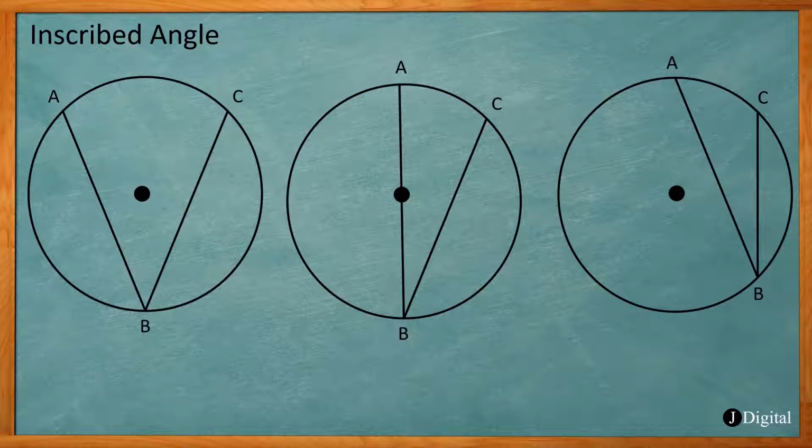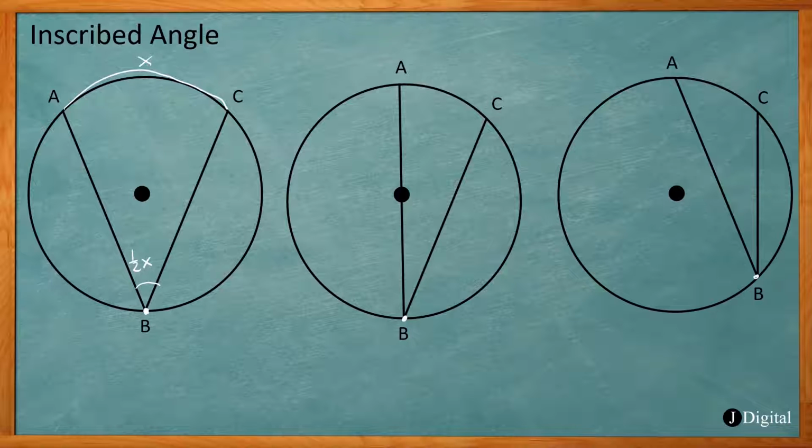Now for an inscribed angle, the vertex is on the circle itself. So at point B here, the vertex is right on the circle. If the measure of arc AC is x, the measure of this angle will be half of x. So the measure of the inscribed angle is half the measure of the arc.